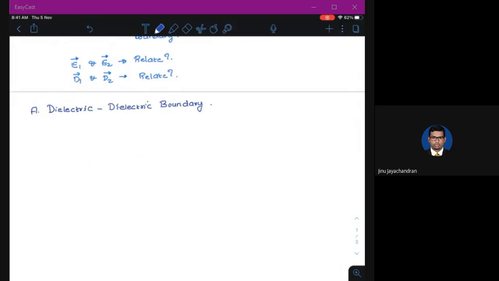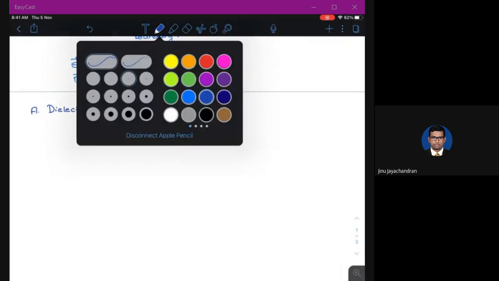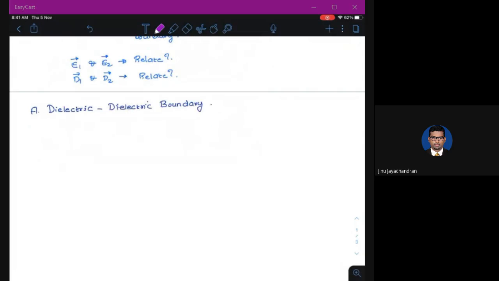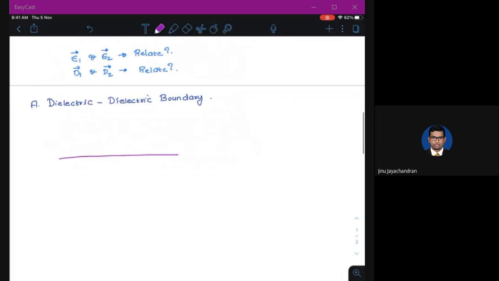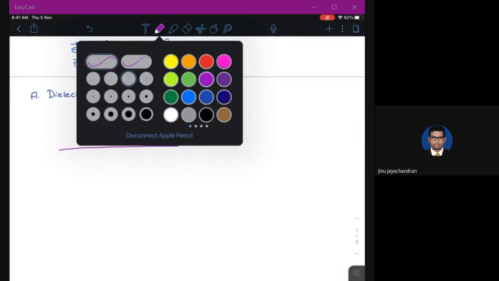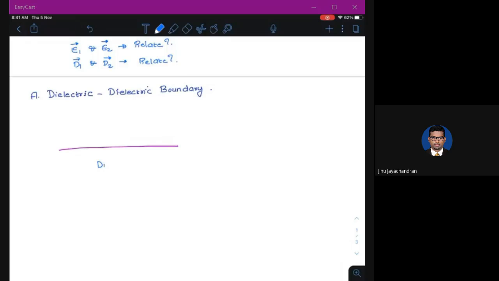So in a dielectric boundary, let's say this is the boundary. You have a dielectric here and another dielectric here. Okay.